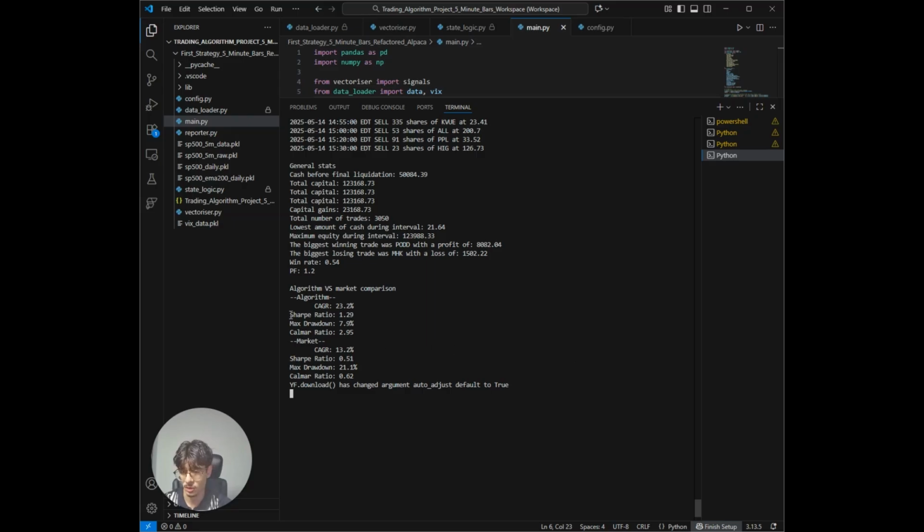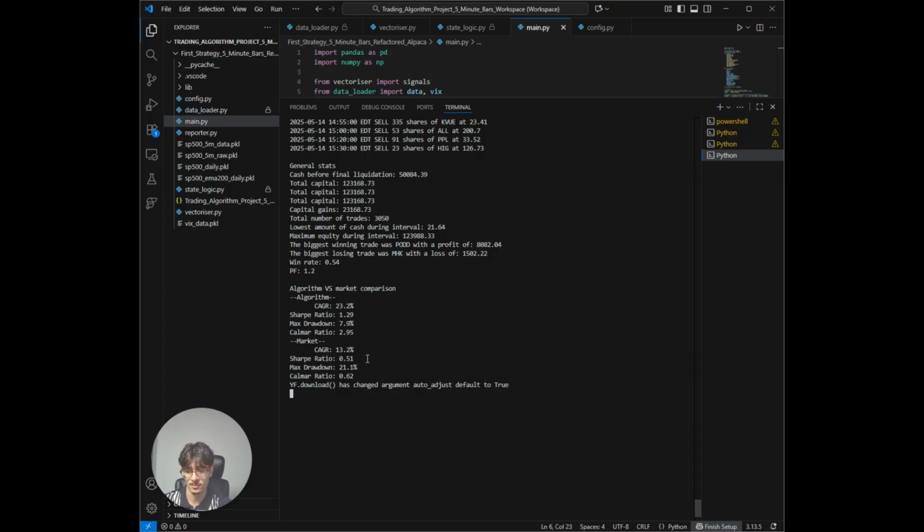The Sharpe ratio, which measures risk-adjusted return, was 1.29 for the algorithm and 0.51 for the market. That indicates that the strategy generated higher returns with proportionately less volatility. Together, these results show that the trading engine not only outperformed the S&P 500, but also did it with better risk management.